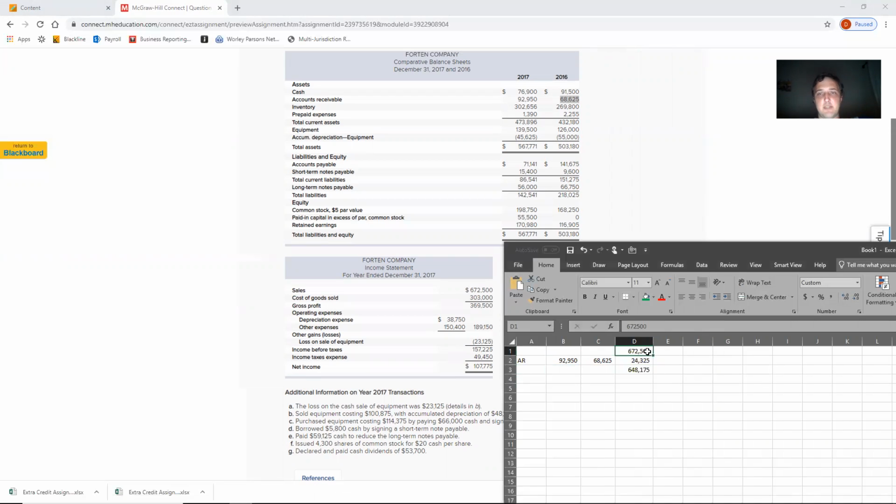We have this much in sales, but we increased our AR, which means we collected less cash. So that's a reduction to get to the cash received.